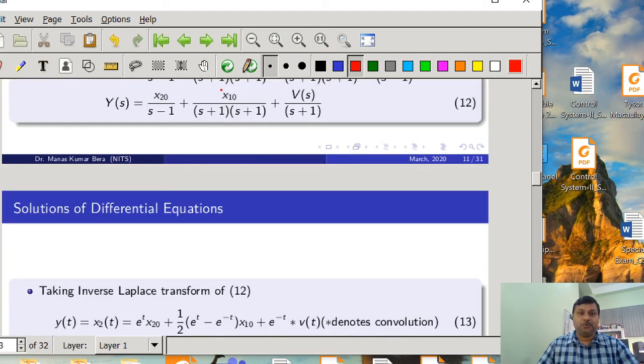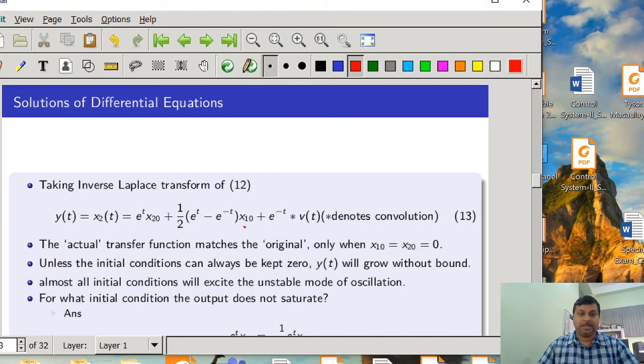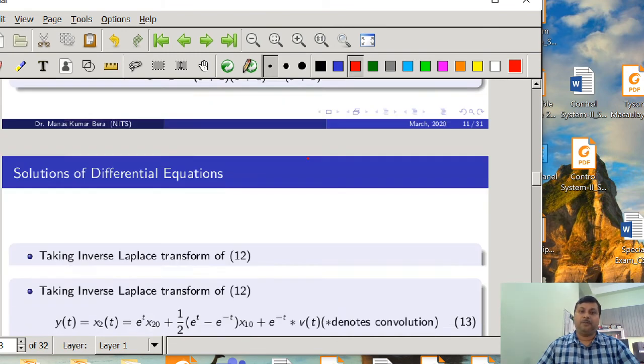Then if you do the partial fraction expansion of this term, you can easily take the inverse Laplace, and you get half of e to the power t minus e to the power minus t times x1(0), plus e to the power minus t convolved with v(t), because v(t) is also the input variable of the system.